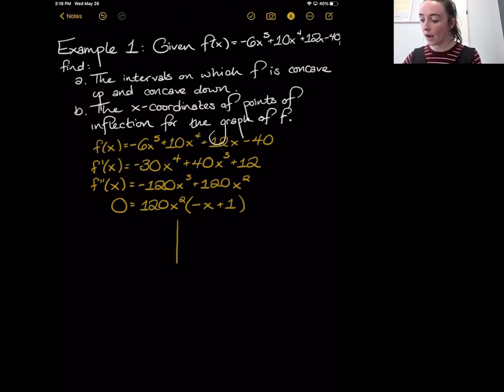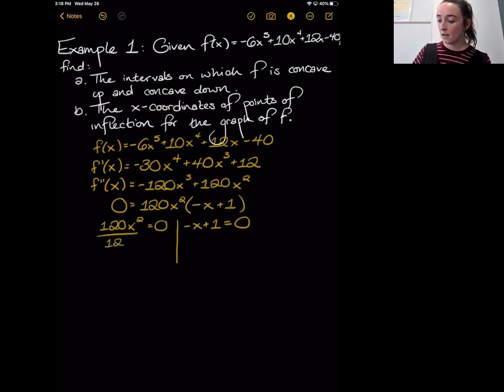So I know that either 120x squared equals 0 or negative x plus 1 equals 0. Let's solve for x. I'll divide both sides by 120 and get x squared equals 0.